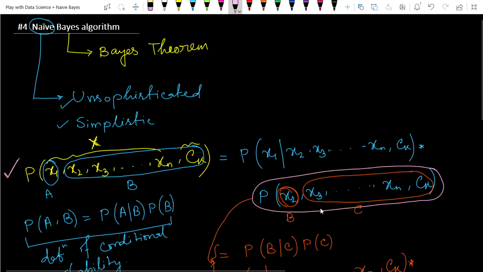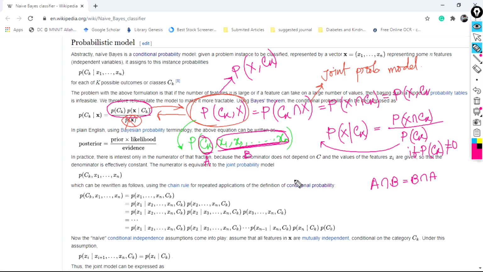Okay, now let's go to the Wikipedia page. Just see, we calculated this thing. If you remember the notepad, we calculated this one, and from this one we calculated up to this one. Repeating the same thing, at the final stage we come to this one: the probability of x1 given x2 up to xn.